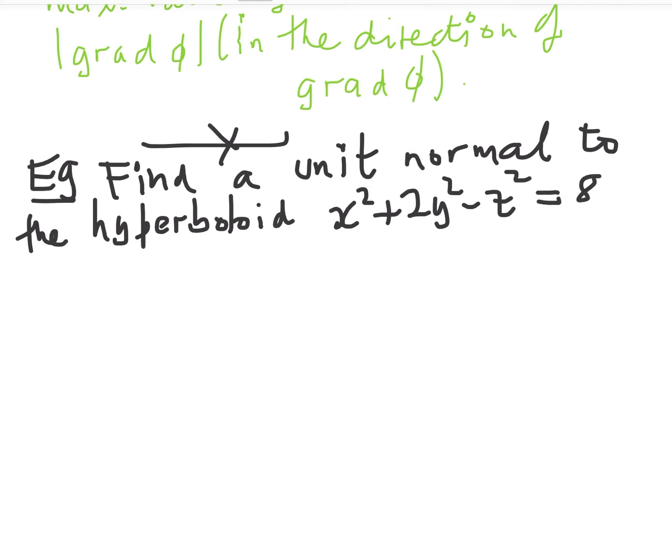So we want the normal at a specific point. This point, chances are, lies on this surface, so it's 1, 2, minus 1. If you put the values of x, y, and z as 1, 2, minus 1 respectively on the left-hand side, you should get 8, which means this point is on the surface.